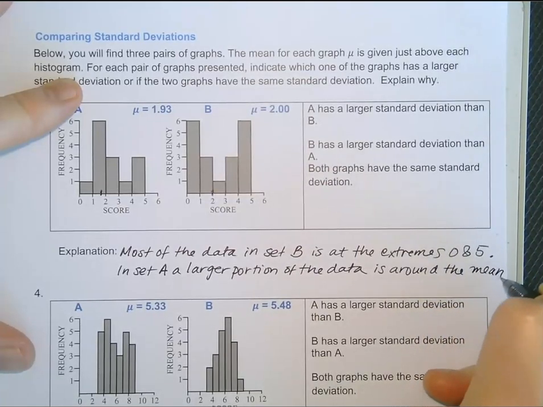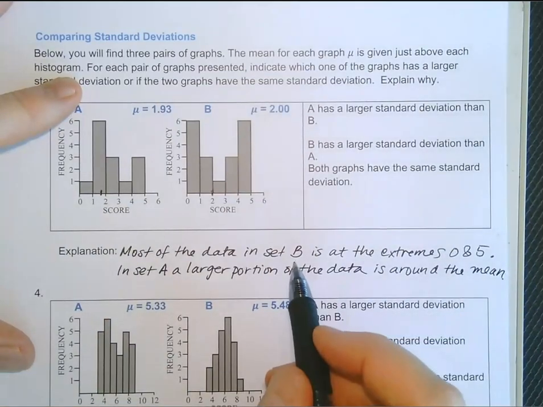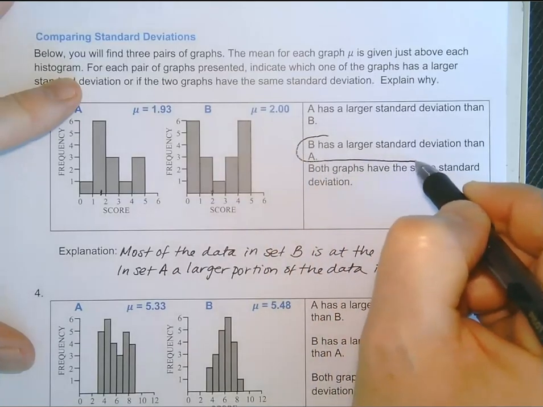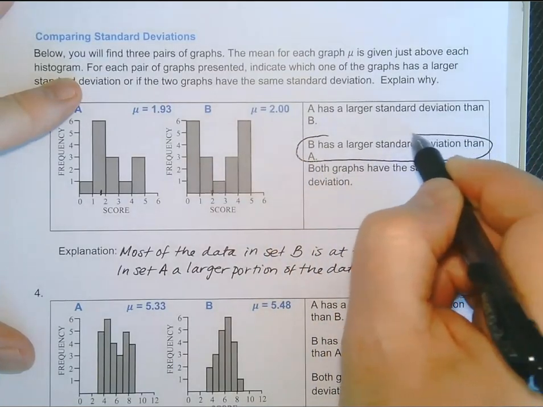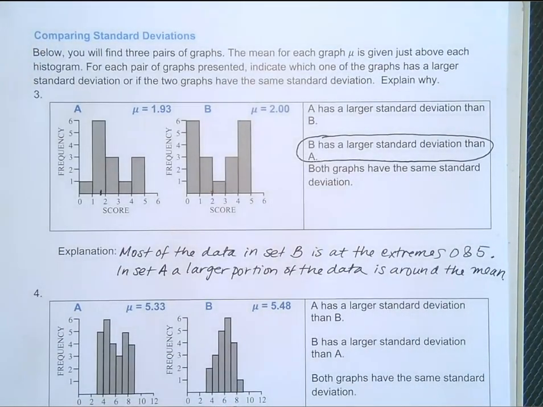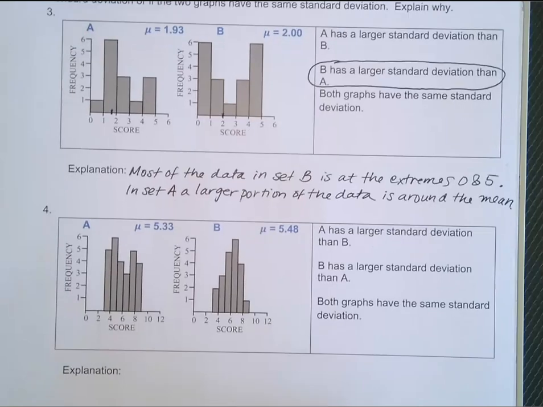So because of that, I would say that B has the larger standard deviation. Does that make sense? Okay.